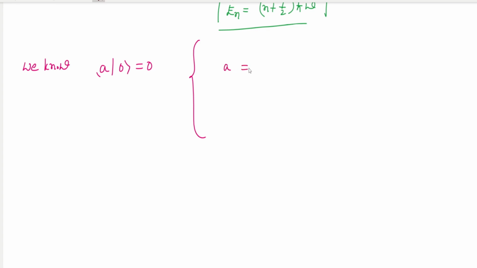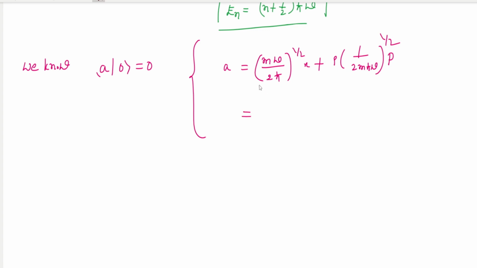One is the lowering operator and the other is the raising operator. A equals (m omega divided by 2 h cross) whole power 1 divided by 2 times x plus i times (1 divided by 2 m h cross omega) whole power 1 divided by 2 times p.